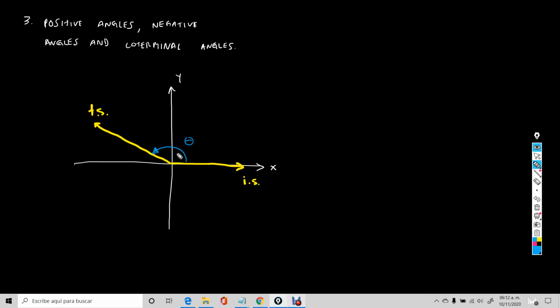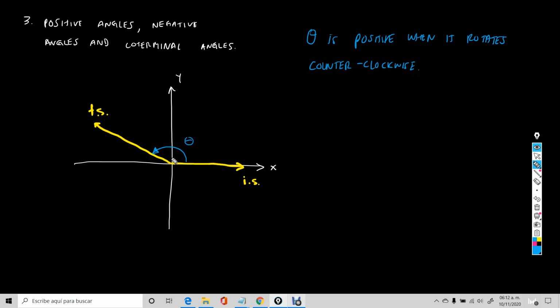I'm going to say that theta is positive when it rotates counterclockwise, like in this direction.